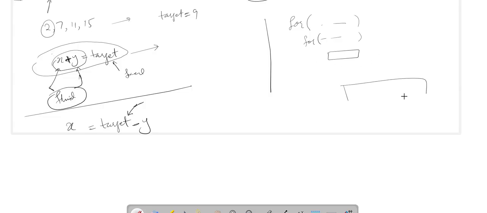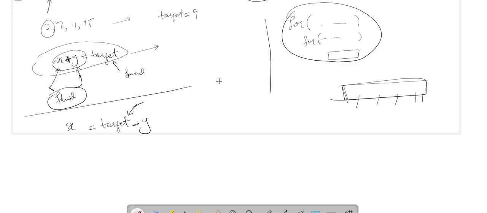The problem with this approach is that this is a search space that is flexible, so the number can be here, here, here, anywhere, right? So that's why we have to try a bunch of combinations. But here, what do we have? We have a fixed value, so this is something that we don't have to guess, right? And then we have y.